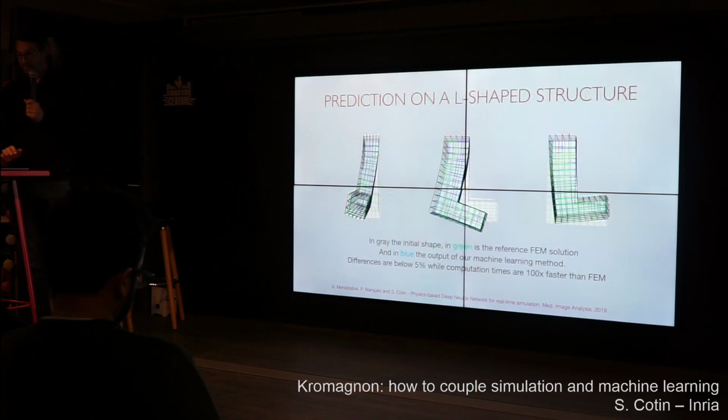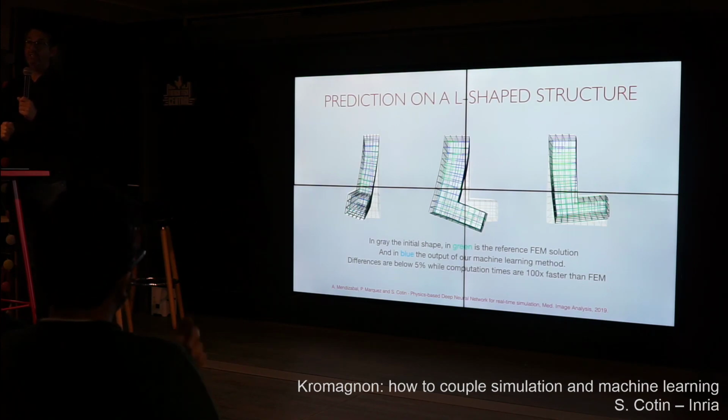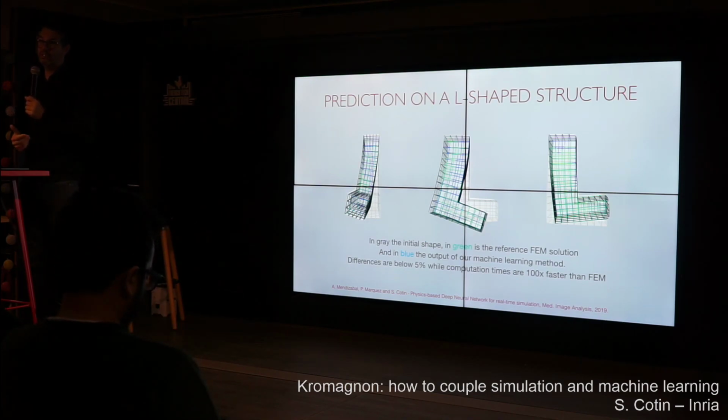So we've applied this to different types of structures, and for now, at least, we've got good results, and it's relatively, but in quotes, insensitive to variations, for instance, of stiffness, or even what it was trained with.